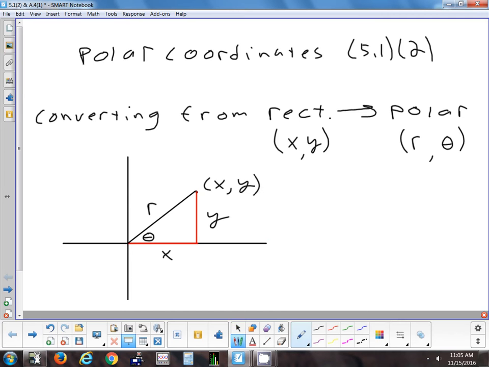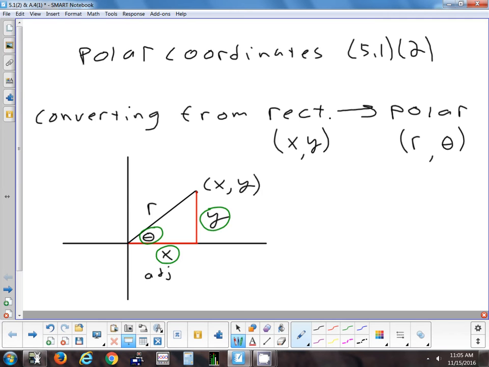All right. So the next thing you have to do is figure out theta, and you're going to know x, and you're going to know y. Jasenia, do you remember the name of the side that's right next to the angle? What do we call that side? Adjacent. Yeah, so this side is adjacent.